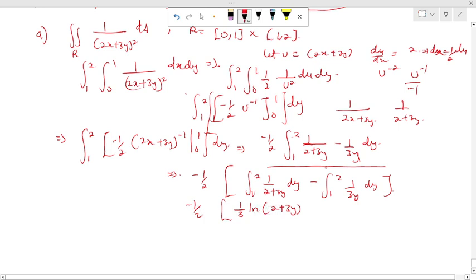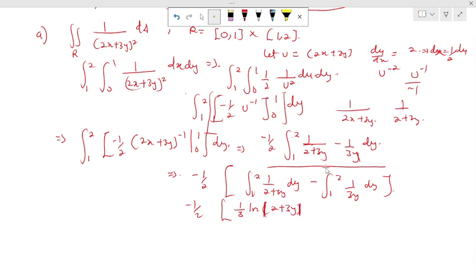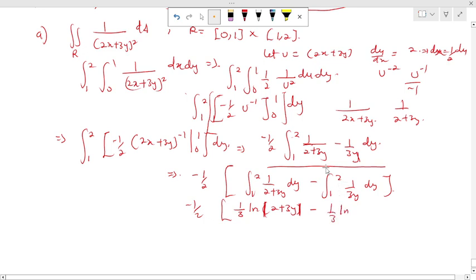Whenever you are doing natural log and you have variables, try to bring in absolute value to account for any negative input. Okay, so once you get this expression here, then you have minus, this side is going to give us also 1 over 3 ln y, right? 1 over 3 natural log of y. Okay, then we introduce our limits 1 to 2.